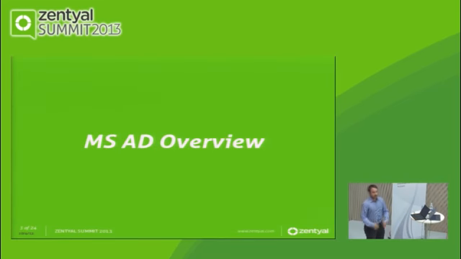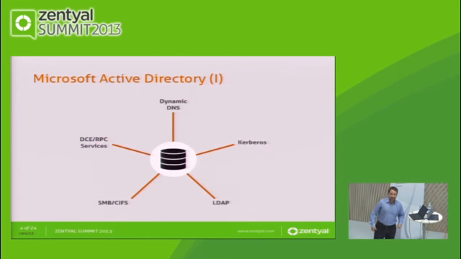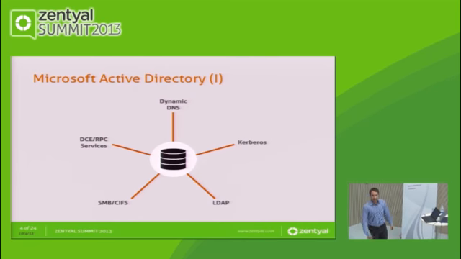Probably everybody here knows what Active Directory does, but what is Active Directory in reality? We can define it as a big cooking pot, where Microsoft threw all those protocols: dynamic DNS, Kerberos for authentication, LDAP, file sharing, RPC, and made them work together.